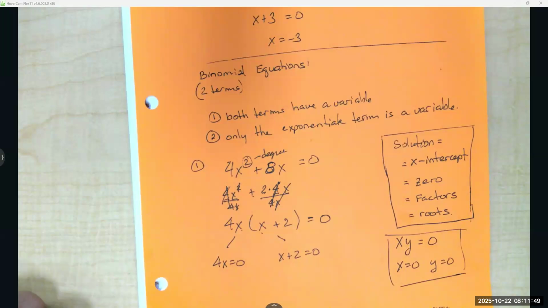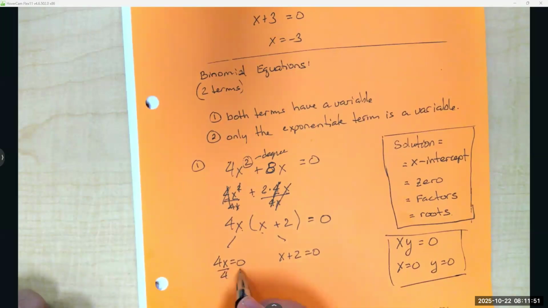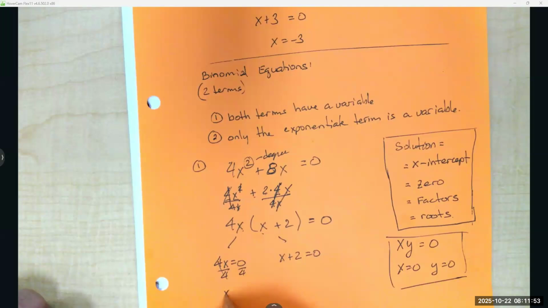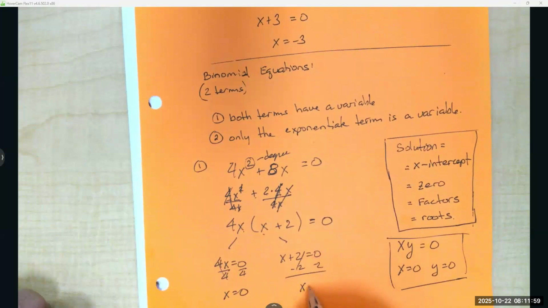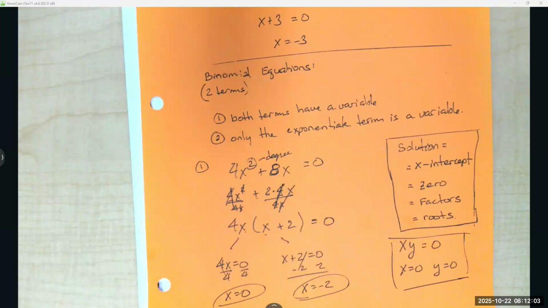And then we solve for x. The first one we divide by 4, so x is equal to 0. Subtract 2, so x equals -2. These are my two solutions. Those are my solutions.